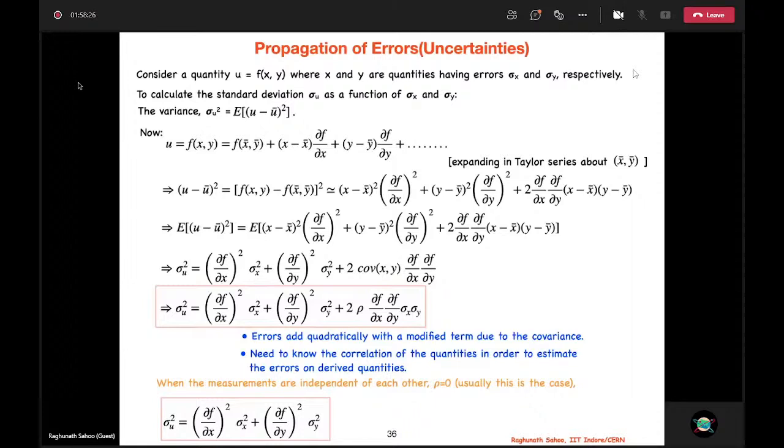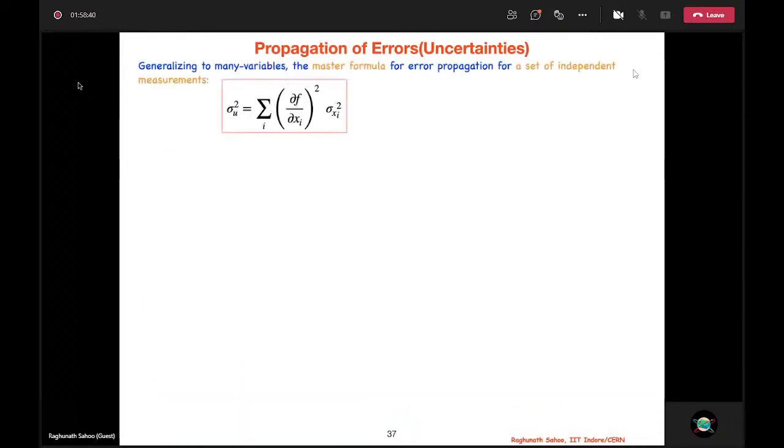This can be generalized to multivariate analysis, right? If you have many independent variables, then this x, y can go up to any number. So if you generalize, the master formula for error propagation for independent measurements becomes this. Whenever you deal with any derived quantity, logarithmic, exponent, or any complicated formula which is a function of the xi's, you don't have to remember anything.